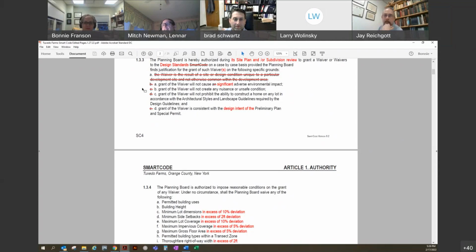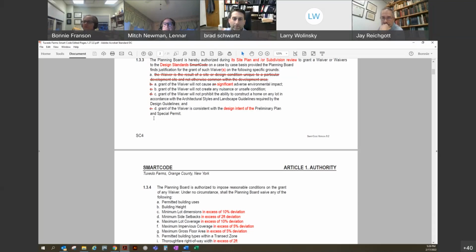And we'd also have to satisfy that criteria of 133, what was B, C, D, E, meaning it can't cause an environmental impact or a nuisance. The word we left, nuisance, is certainly vague enough to give the planning board the ability to say no for a variety of reasons. But there's still some meat on the bones, so to speak, as to what they can say yes or no to.